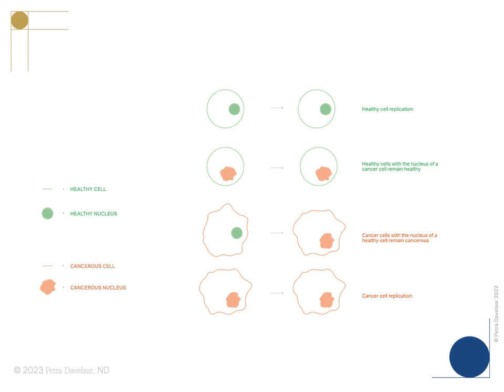It did not. They also placed a nucleus of a healthy cell in a cancer cell to see if it would restore the cell. It did not. The nucleus contains the genetic material, which contains all the alleged mutations. These experiments demonstrated conclusively that the somatic mutation theory is incorrect.